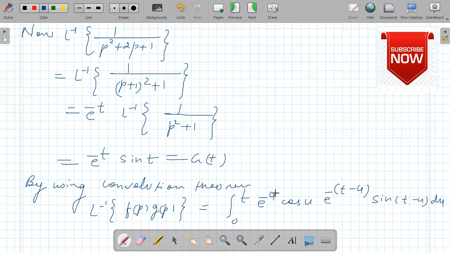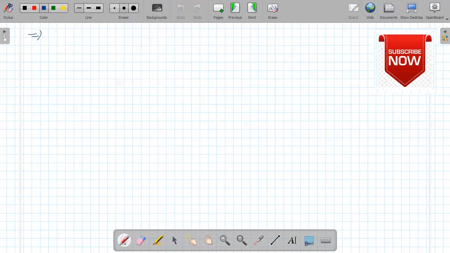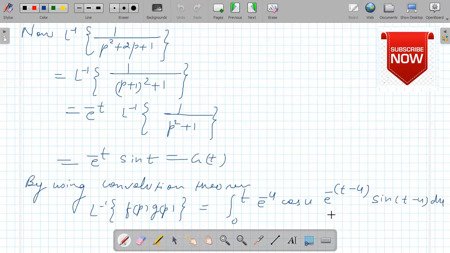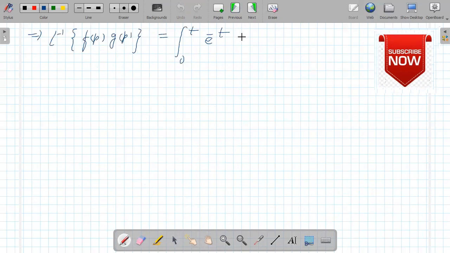You can observe that this exponential power is e raised power minus u, and here we have e raised power plus u, so both will cancel each other. So the Laplace inverse of fp into gp is equal to the integral 0 to t, with e raised power minus t left, cos u left, and sine (t minus u) left, du.